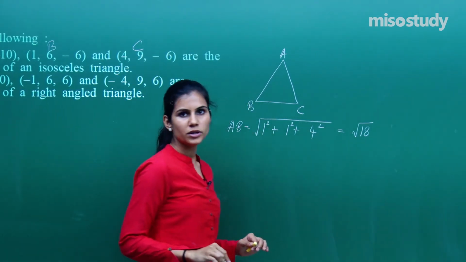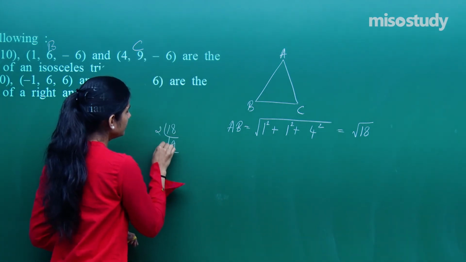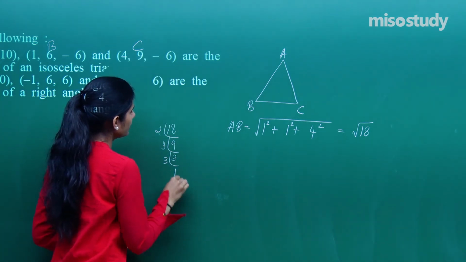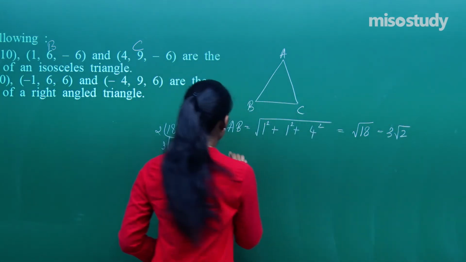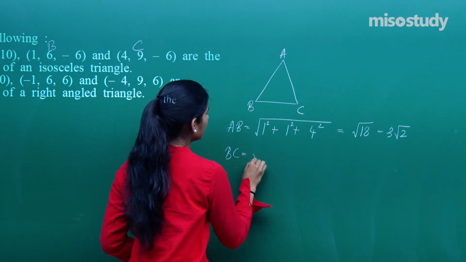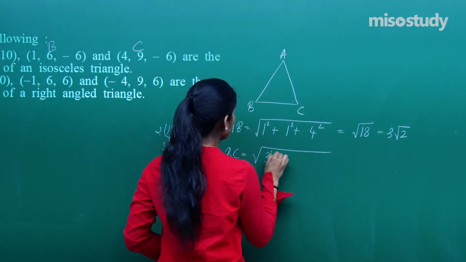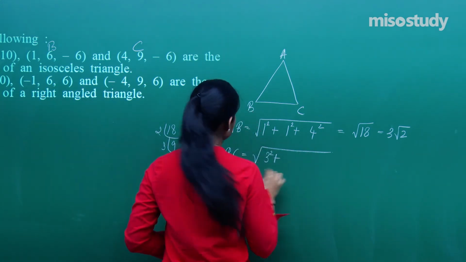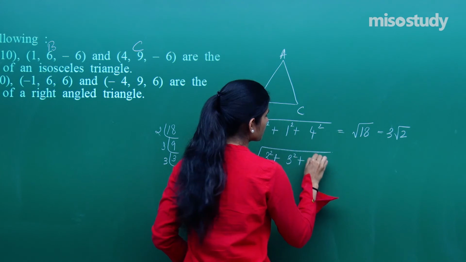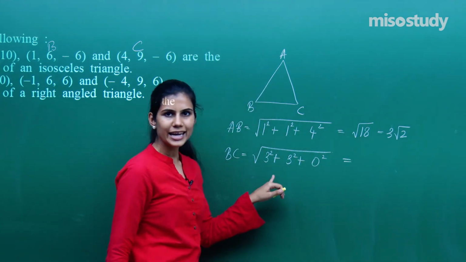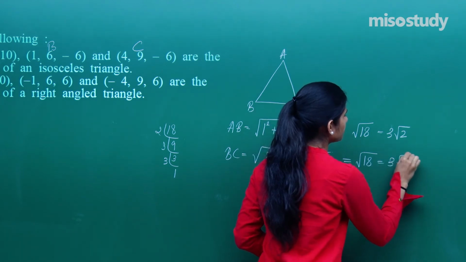If you talk about this, 2, 9, 3, 3, 3, 1, so you get 3 root 2. If I talk about BC, it is 4 minus 1 whole square plus 9 minus 6 whole square plus minus 6 plus 6 whole square. 9 plus 9, 18, root 18, which is again 3 root 2.